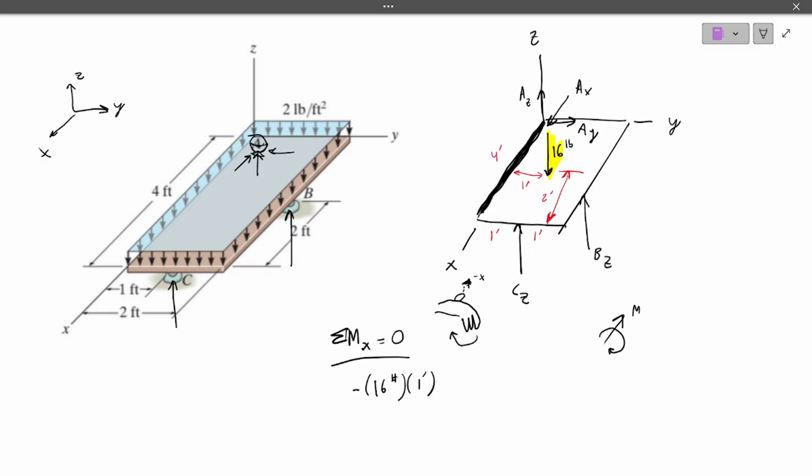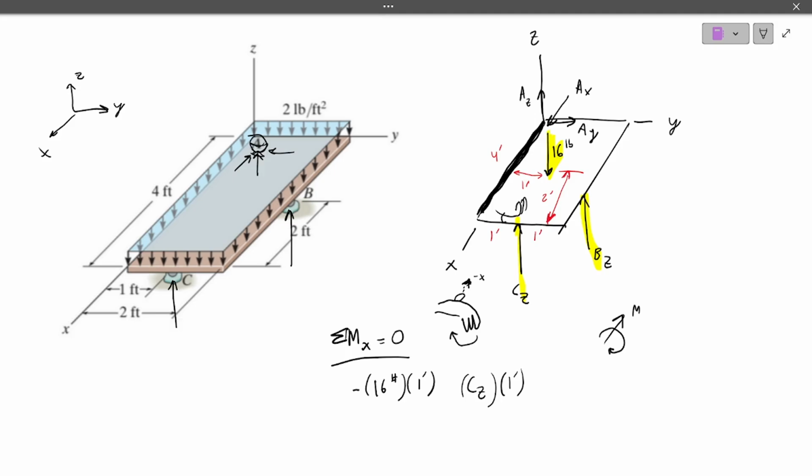The next force we can look at is the CZ, then we'll do BZ. These AX, AY, and AZ are touching the x-axis. There's also 0 perpendicular distance, so they will not be put into this calculation. So we have CZ times 1 foot, that's 1 foot towards the x-axis also. With the right hand rule, the fingers curl upward like this.